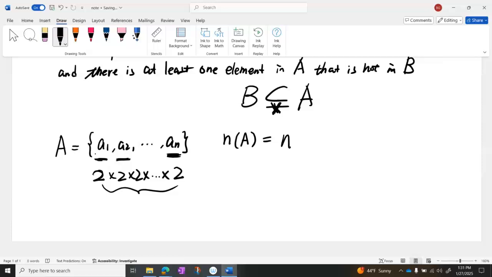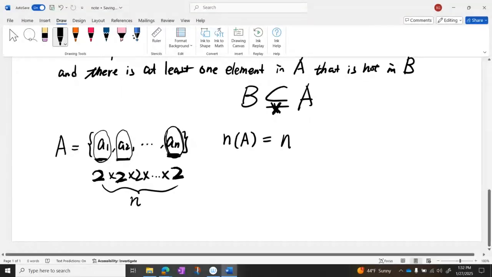These 2 options determine include or exclude a sub 1. These 2 options are the second step, include or exclude a sub 2, right? And so on. And the last 2 is the 2 options, include or exclude a sub n. Do you see there are n 2's in the multiplication?